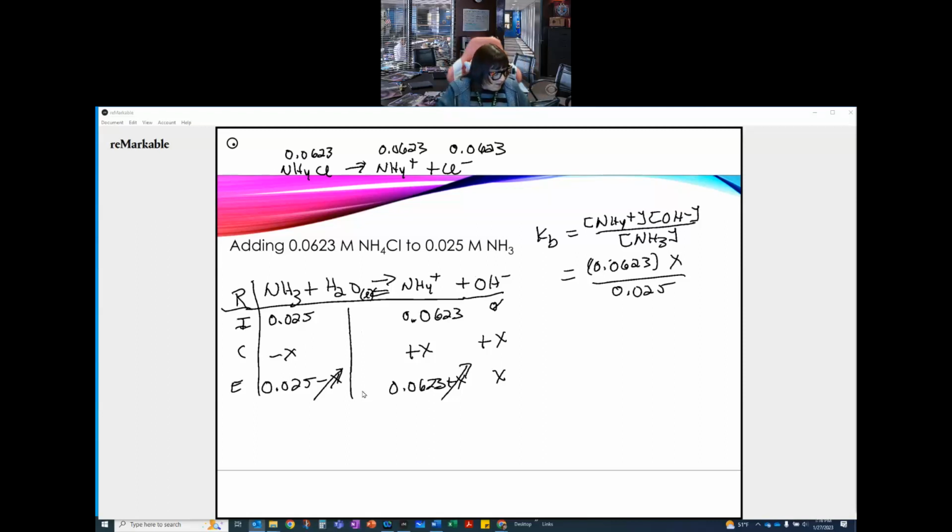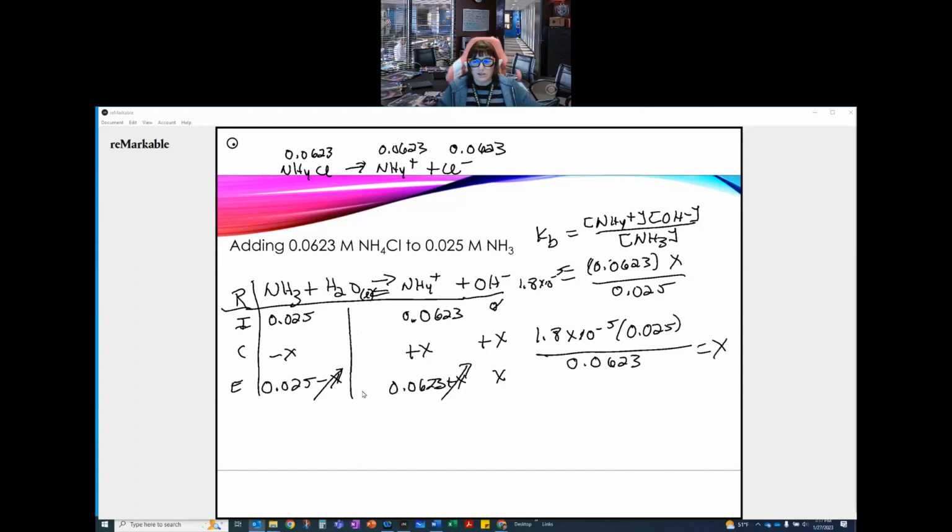I can find that in my exam handouts. My ammonia is listed as 1.8 times 10 to the minus fifth. So 1.8 times 10 to the minus fifth, we'll end up multiplying by 0.025 and dividing by 0.0623, and that's equal to x.